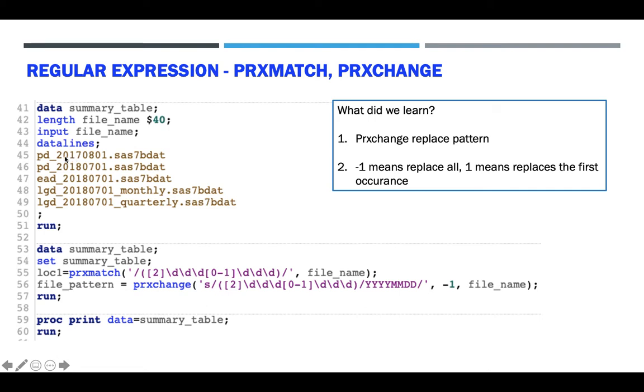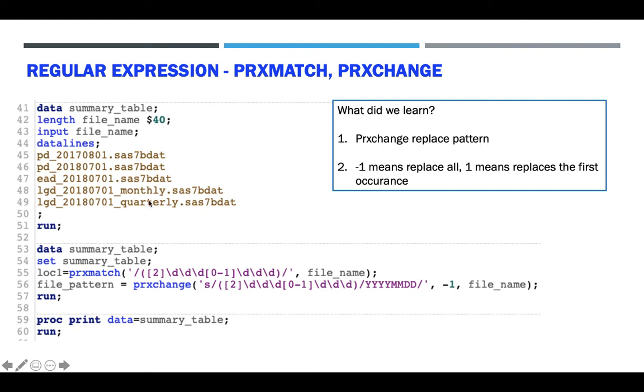Let's say I have a couple of dates in my source code, PD underscore 2017 0801 and underscore 2018 09 02, right? That will replace both patterns. So -1 means search this pattern from the beginning all the way to the end.